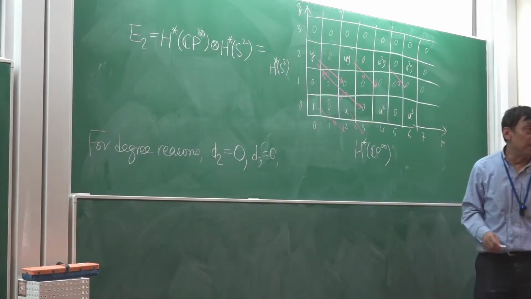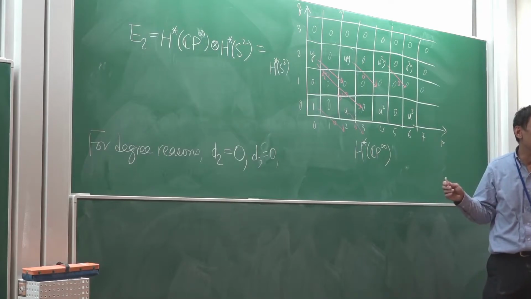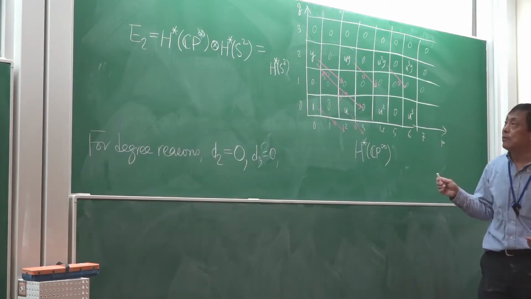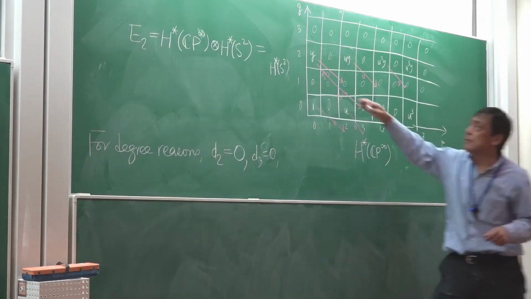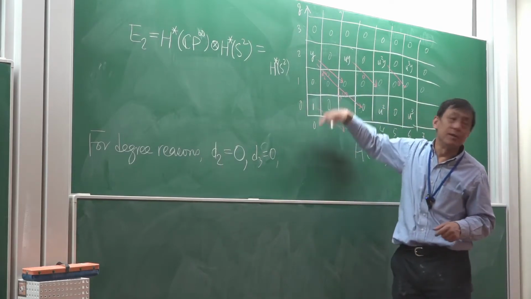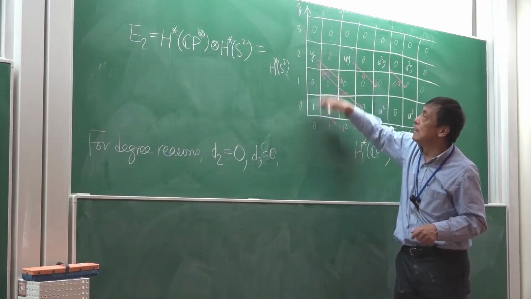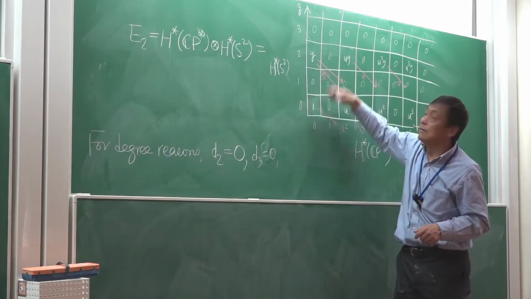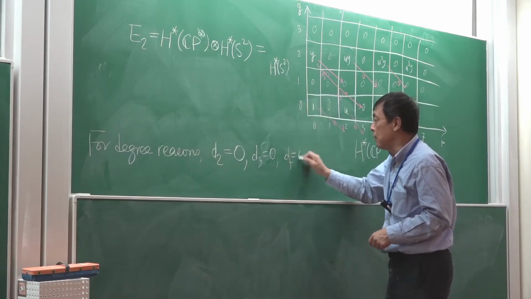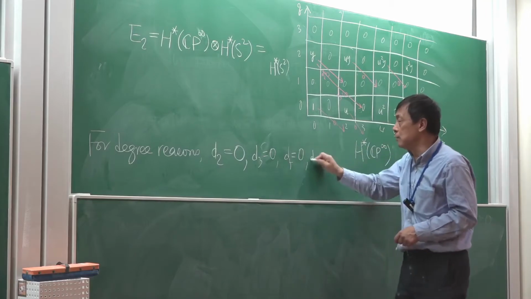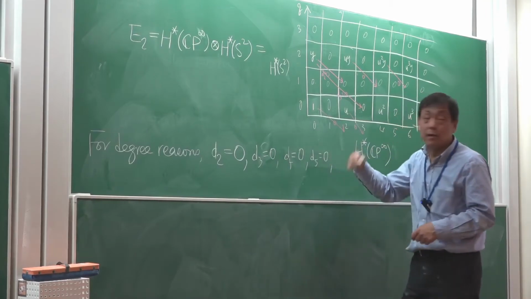And D4, what's D4? Yeah, why is D4 0? Yeah, because it goes down 3. If it goes down 3, then it will be 0. It will go outside the first quadrant. And D5 will be 0. It goes down even more.